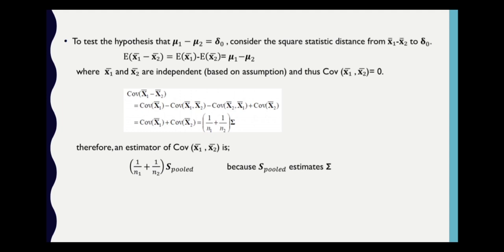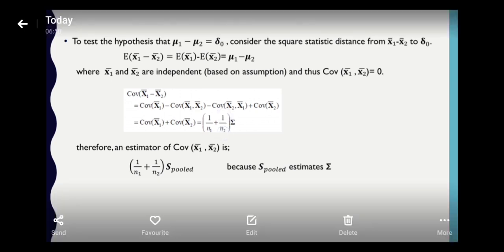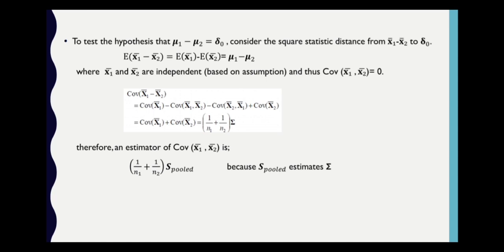Because big sigma 1 and big sigma 2 are common, we denote it as just sigma. So it is sigma over N1 plus big sigma over N2. This is the formula to find the covariance of x1 bar minus x2 bar.